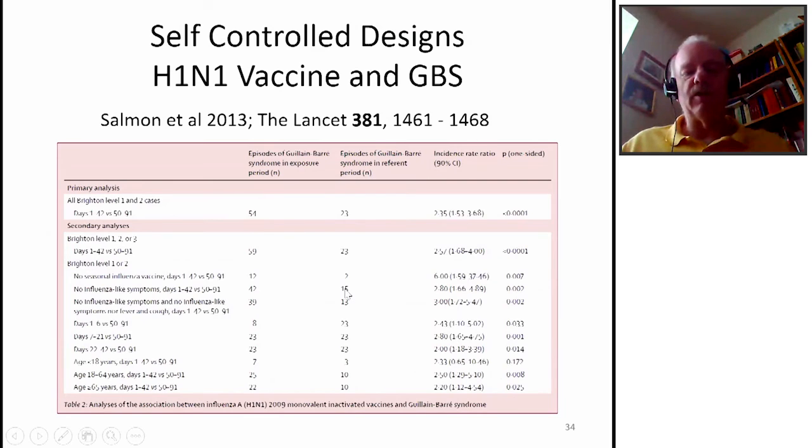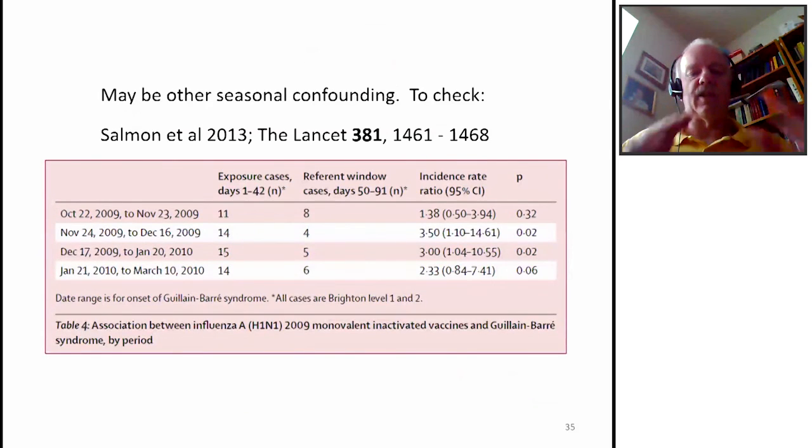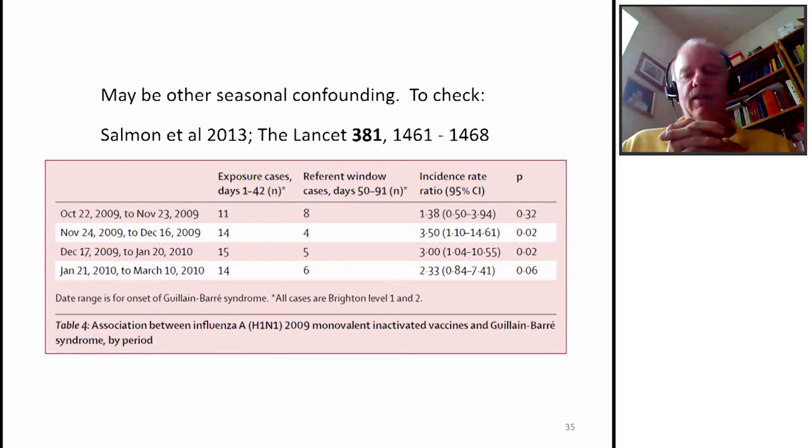So even when you look within these various subgroups, it does look like there's a striking difference in the proportion of people who are getting the Guillain-Barré syndrome within the first 42 versus the last 42 days. And so this is highly suggestive. Now, the other thing that people said was, oh, wait, but maybe there's other kind of seasonal confounding.